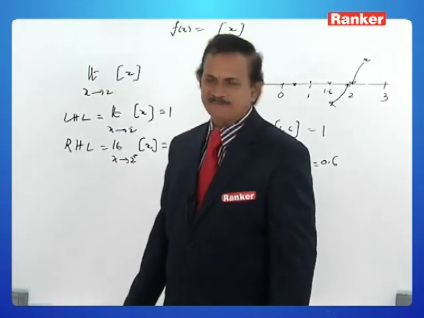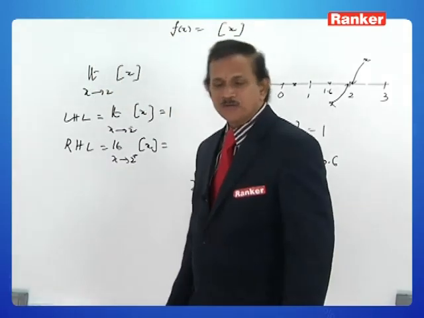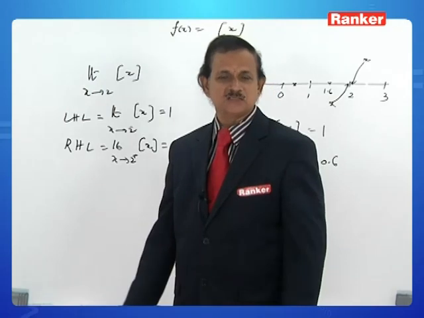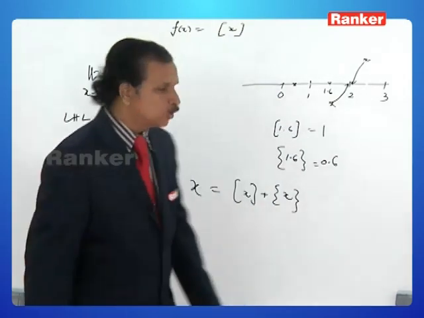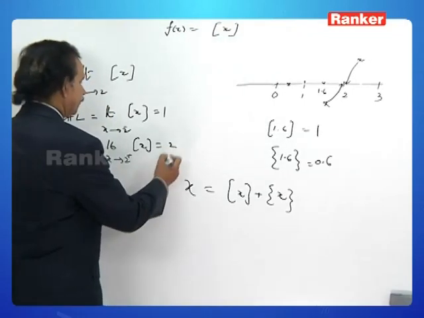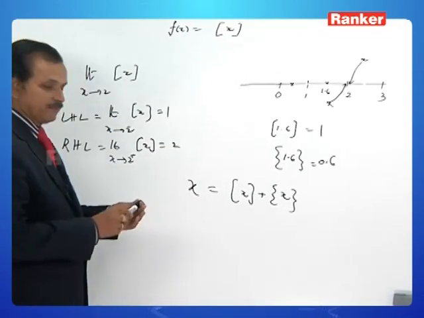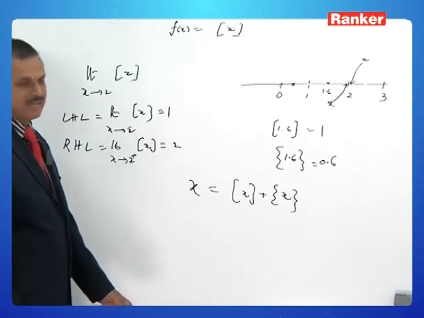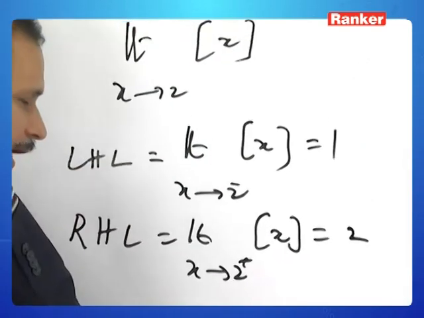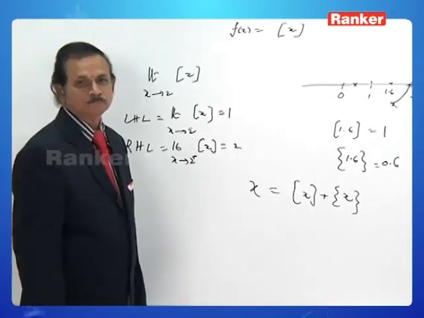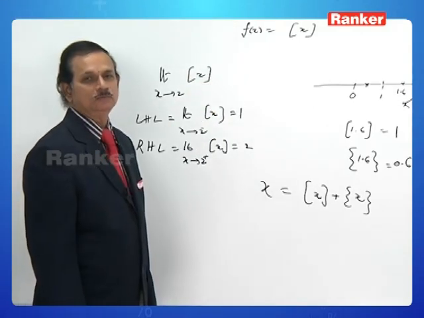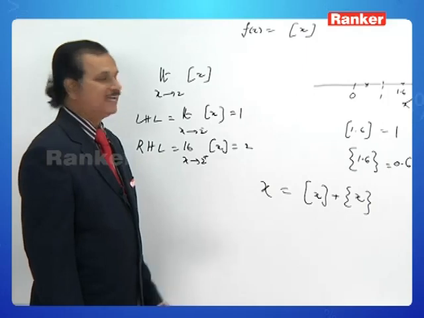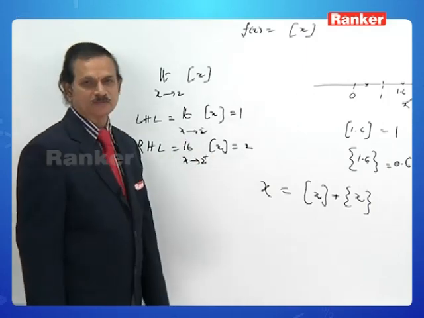So it can take a value like 2.00001. In that case, what is the integral part of that? 2. Hence, it is 2. Anybody can say without any effort or step that the LHL and RHL are not equal here. Therefore, the limit of f of x as x tends to 2 does not exist.